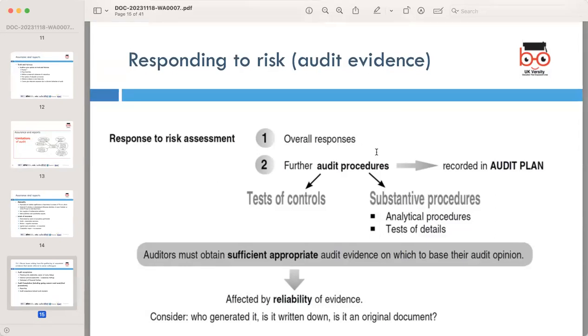Anyway, reporting of risk and audit evidence, this is where we share our findings with others. We use simple language to tell a clear story about what we found during our audit journey.